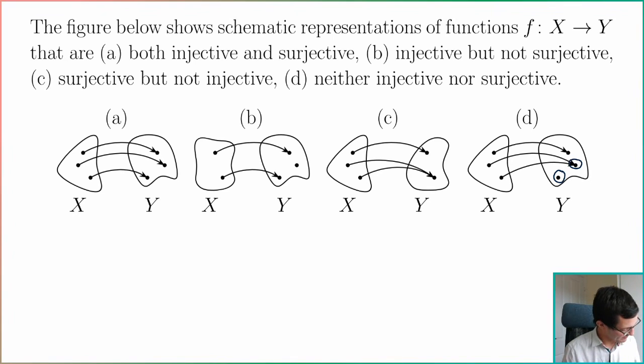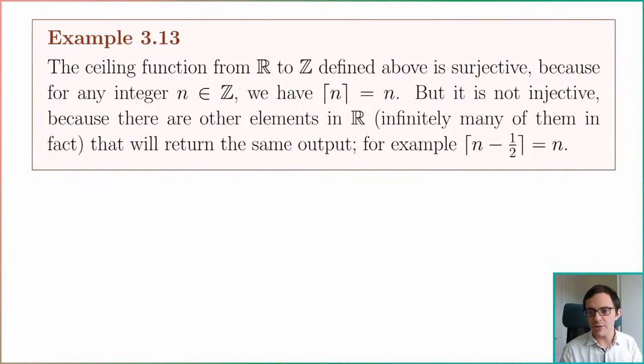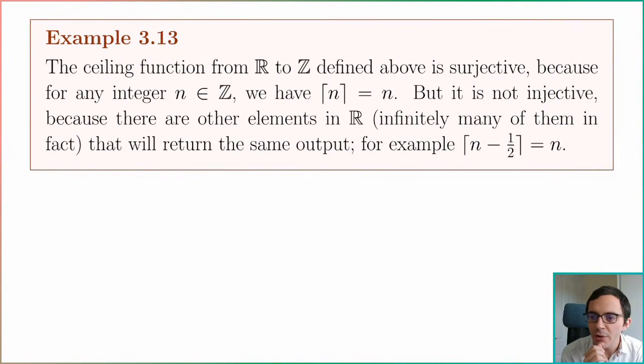Okay, we've got some more examples though using some of those functions that we had before. In the previous video, we talked about a function defined on real numbers that rounded up to the least integer greater than or equal to that number. That's surjective because it maps onto every integer.